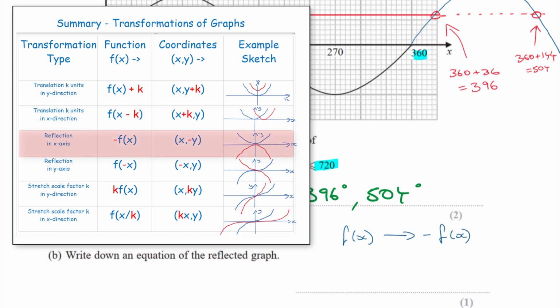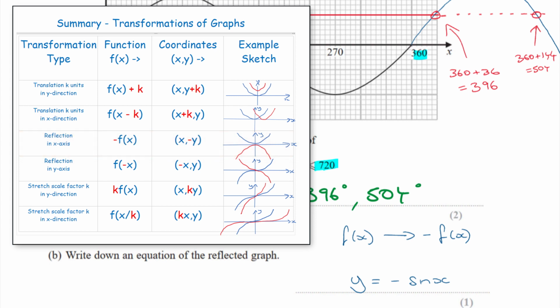So a negative sign outside the function will have the effect of flipping it in the x-axis. So what we need to do is take y equals sine x and stick a minus sign in front of it, and that will be our reflection in the x-axis. So y equals negative sine x. That's it. That's all we need to do.